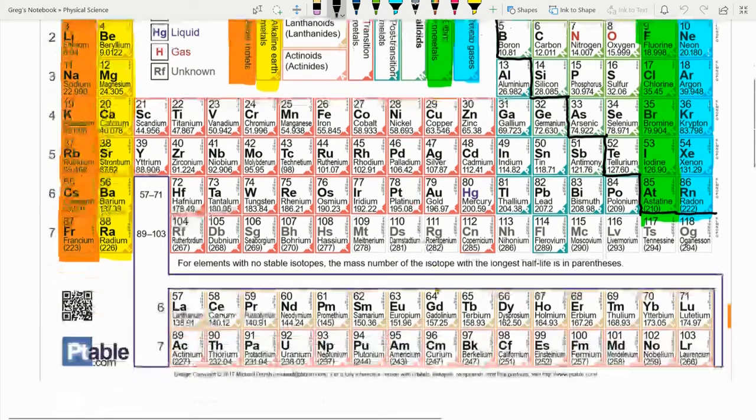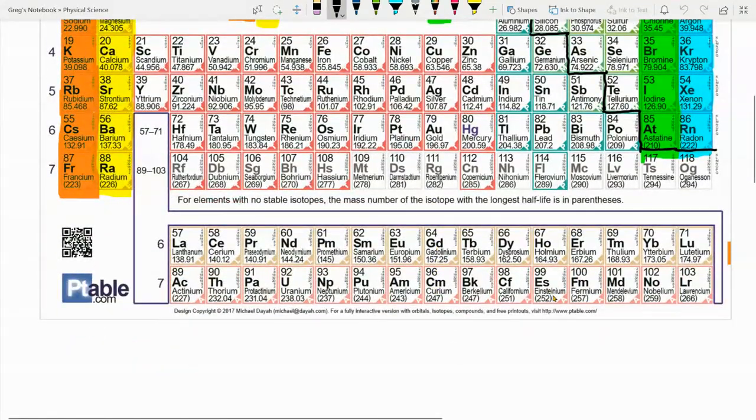Some of the other elements are named after famous people like Einsteinium, fermium, lawrencium, nobelium, after the Nobel Prize, the creator of the Nobel Prize. Okay, so they are also named for places that they've been discovered.